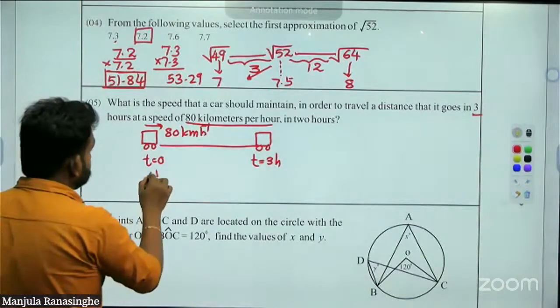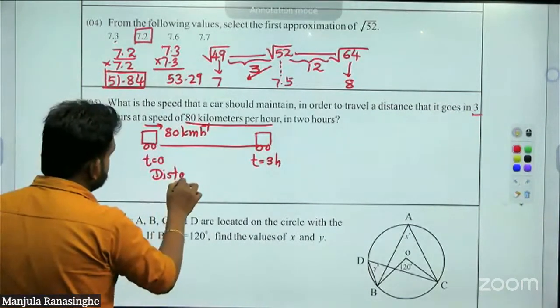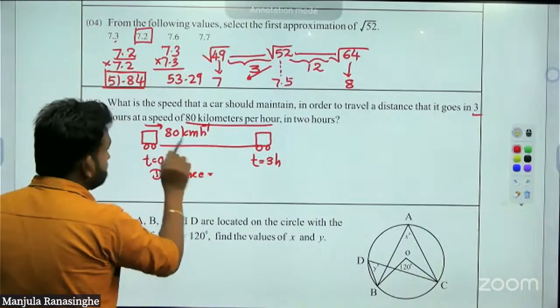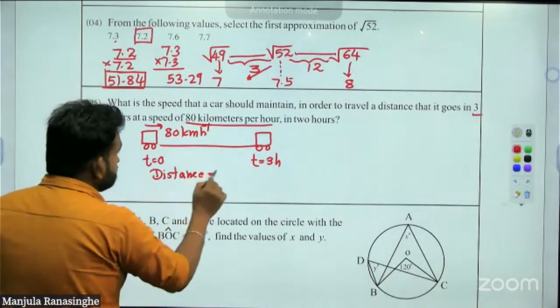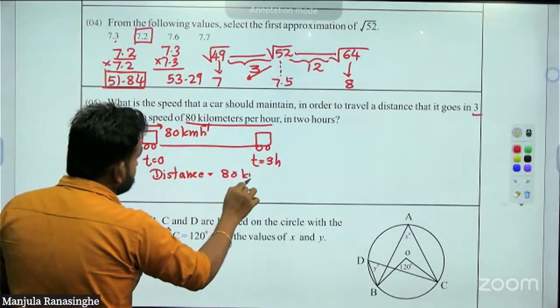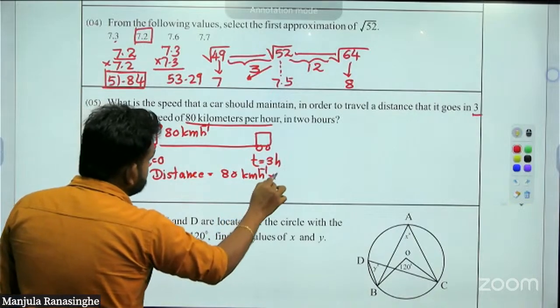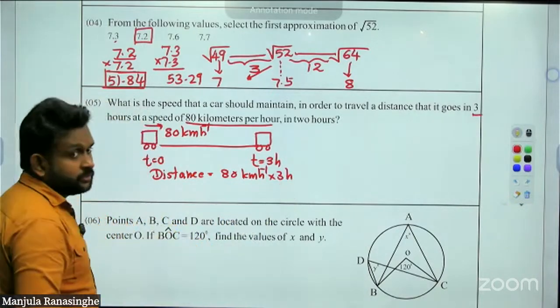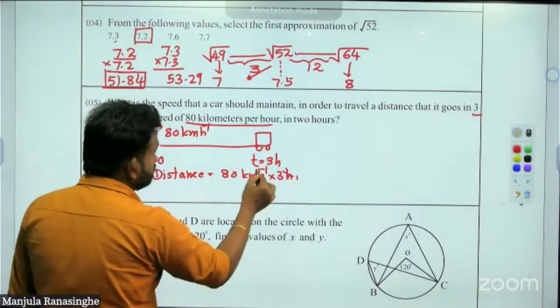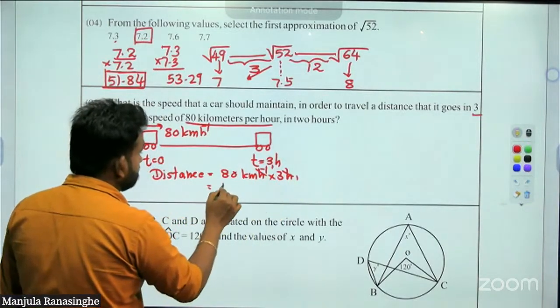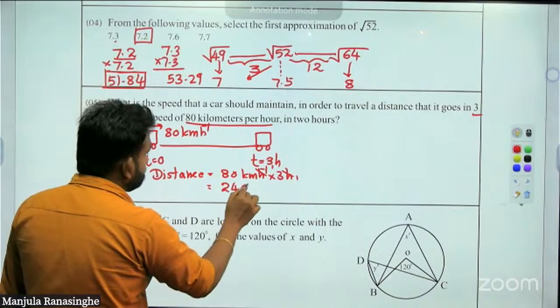So distance equals speed times time. Speed is 80 kilometer per hour, time taken is 3 hours. Here hours and h minus 1 cancel. Then 80 times 3 gives you 240 kilometer.